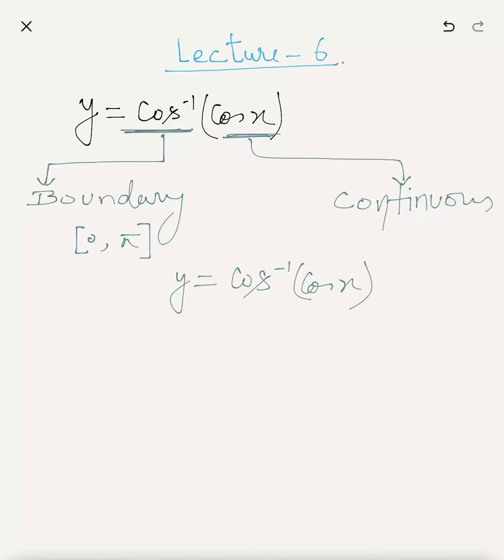This implies y equals to x if your x belongs to, say, 0 to pi. When your x belongs to the principal value, you will get y equals to x.